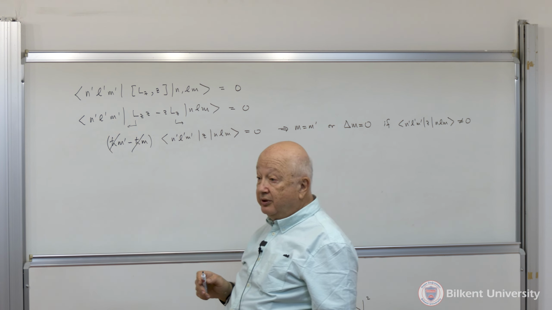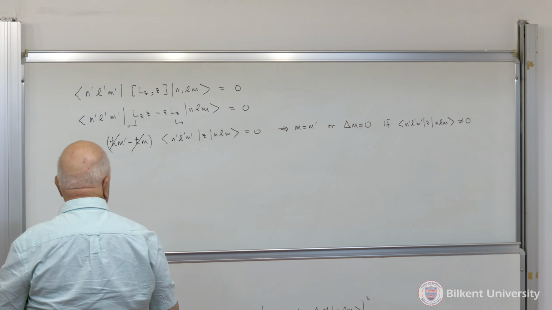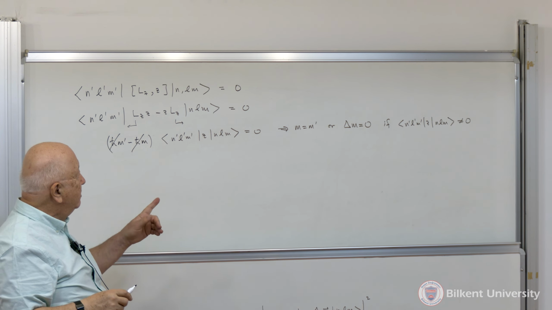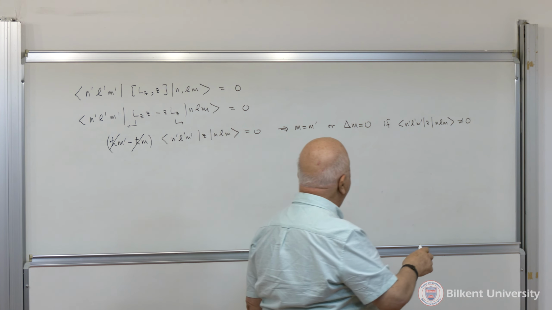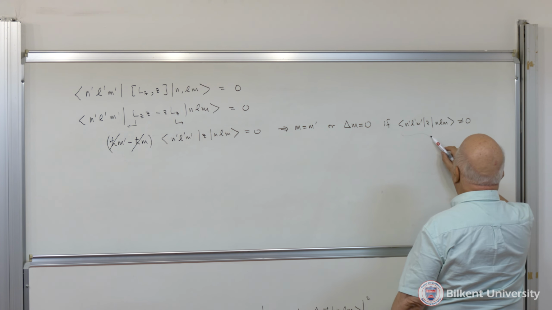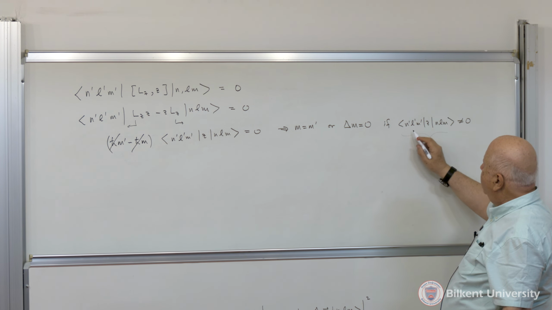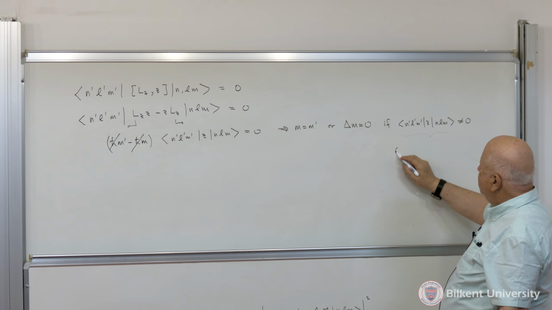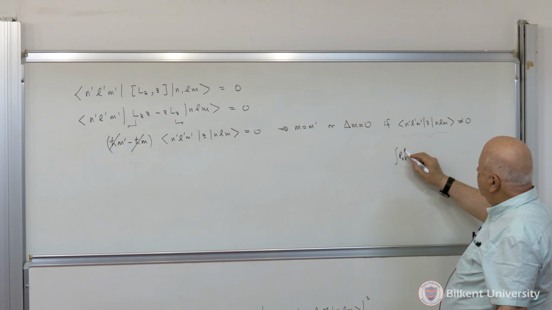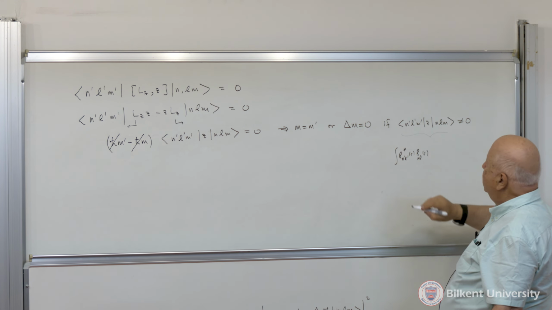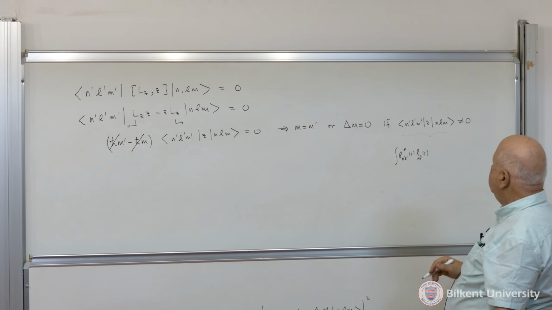So this is something that we could have guessed, right? Because remember the form of this expectation value I have on the left-hand side, so this looks like R n prime l prime complex conjugate R n l, and l R. So that's the radial part.